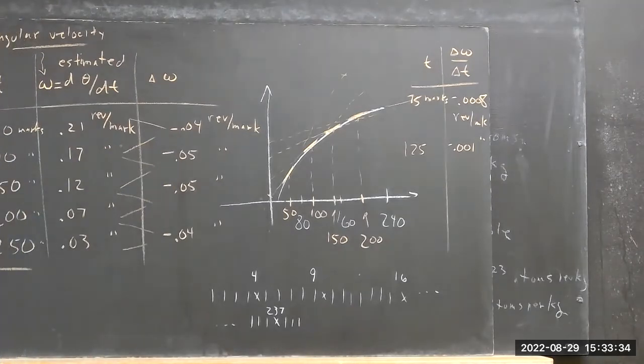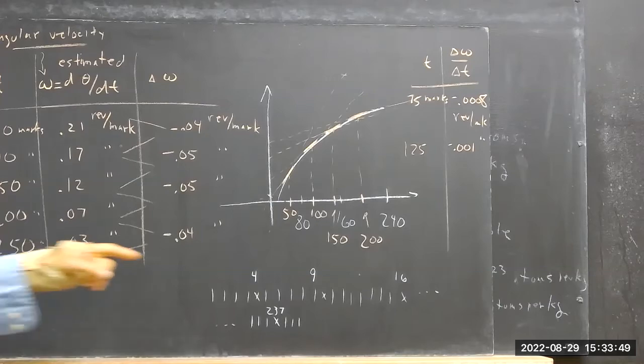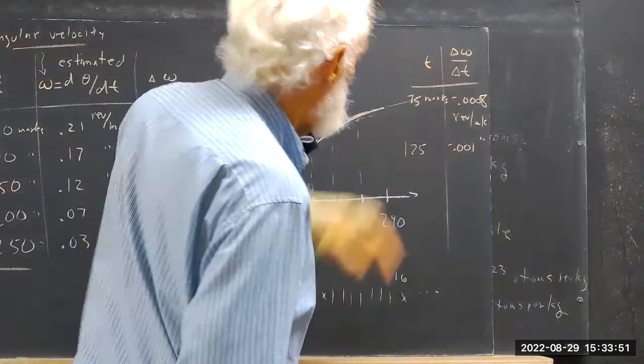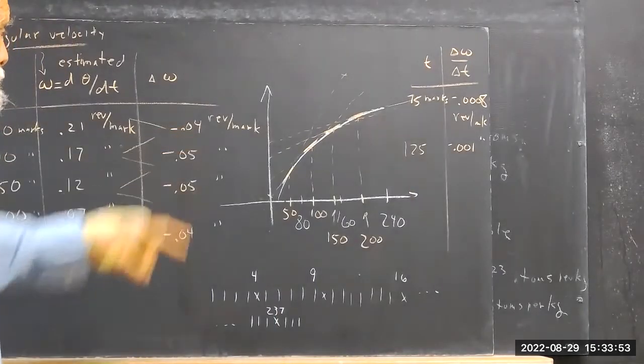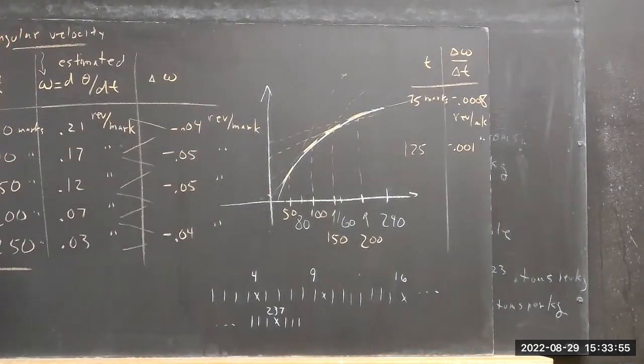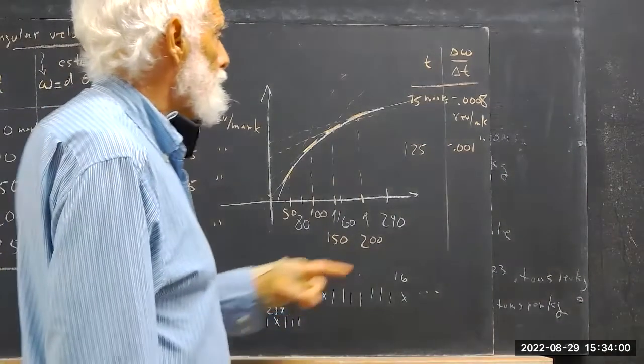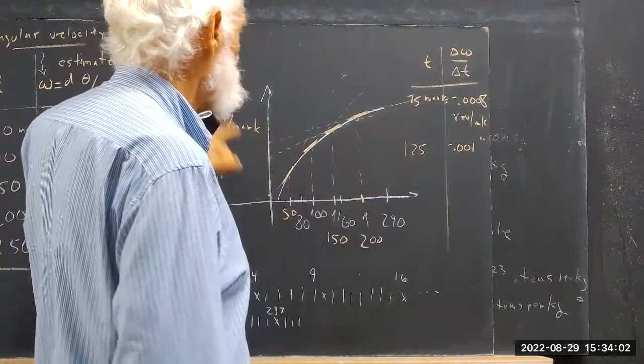So we can calculate our delta t's, and in every case, the delta t is 50 marks. Time changes by 50 marks from one of these to the next. So now we can calculate delta omega over delta t. Delta omega is negative 0.04. Delta t is 50 marks. That was 0.04 revolutions per mark.